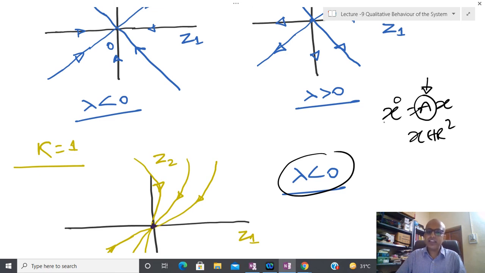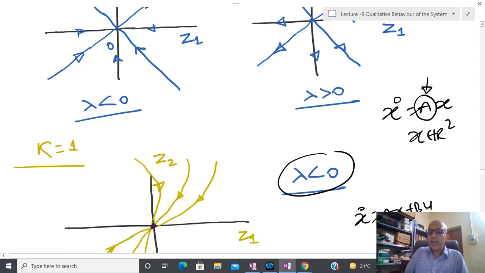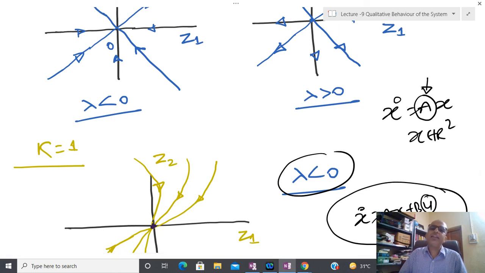You can see the stable behavior, unstable behavior, and stable and unstable nodal, saddle behavior, and all different kinds of behavior you can introduce. So you can take some kind of control system x dot equal to ax plus bu, and you can design u equal to kx, and please show me all the different kinds of behavior and submit it within 1 week. Okay. And if you have any difficulty, then please let me know.